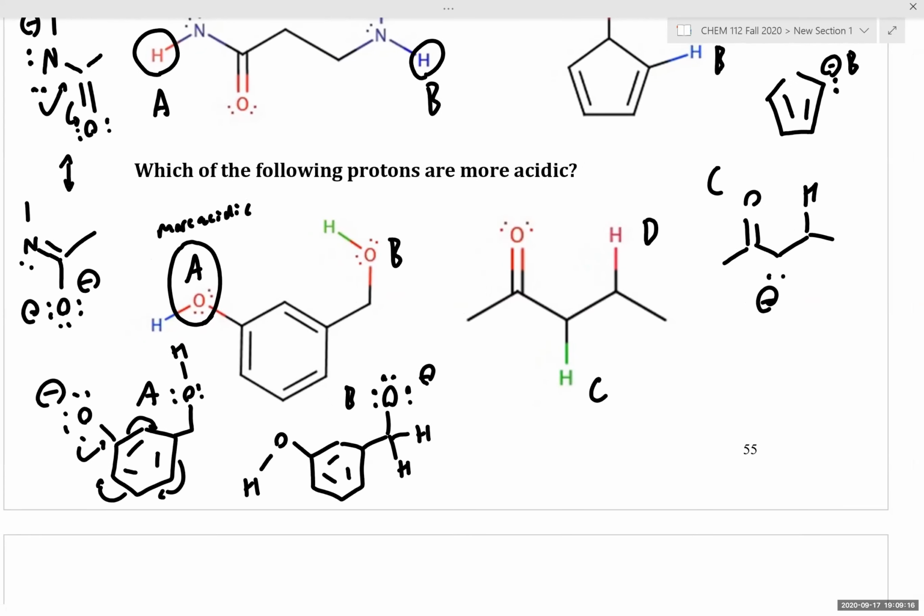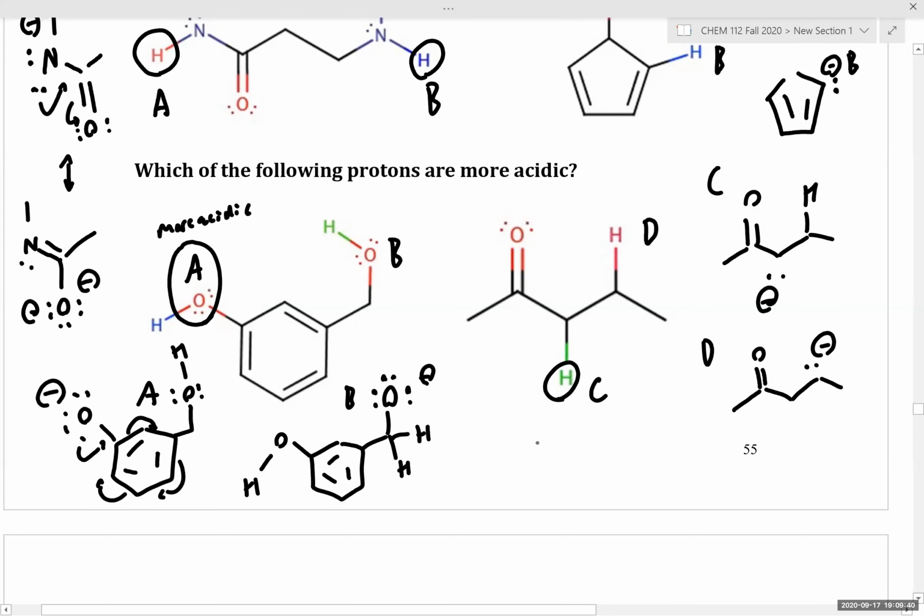My question to all of you is, which of these two anions is more stable, C or D? Which of these anions is more stabilized via resonance? C, yep. So as a result, proton C would be more acidic. Does that make sense to everyone? Perfect.